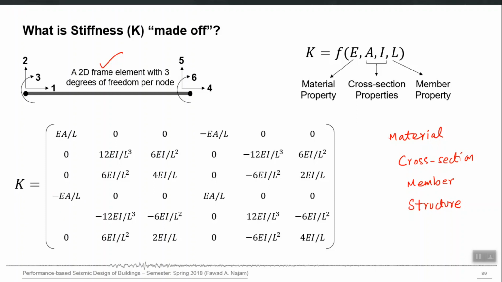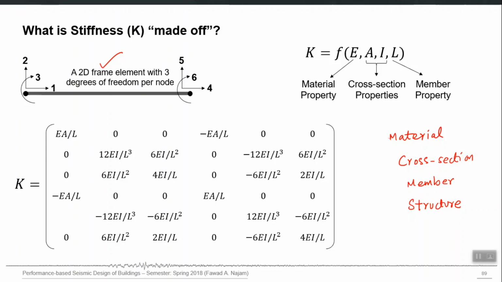E, A, I, L. It is frame element, so no need of Poisson's ratio or some other. If you go for a shell element, area element, you will see some other inputs also, but those can also be accommodated in these 3 categories. So E is what?